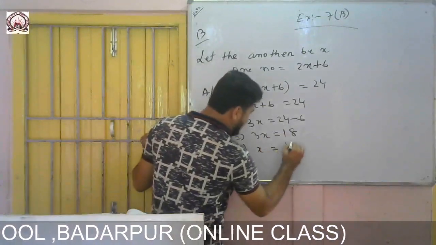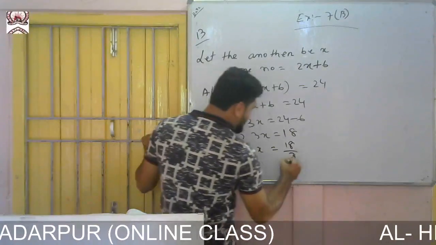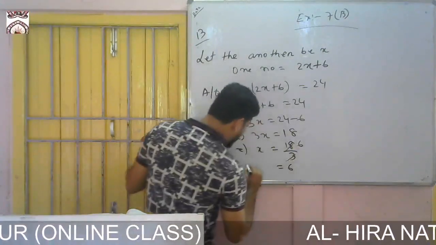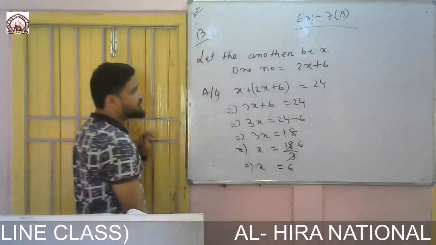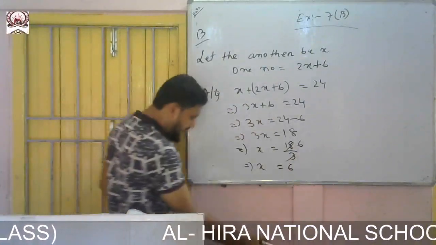So x equals 18 by 3. 3 sixes are 18. So x equals 6. So one number is 6.